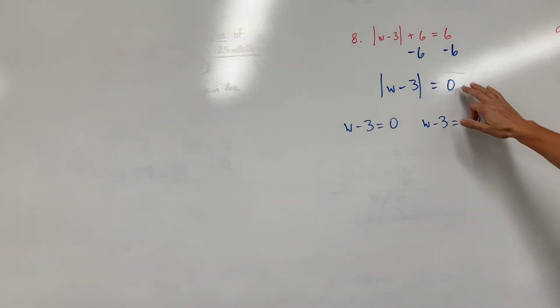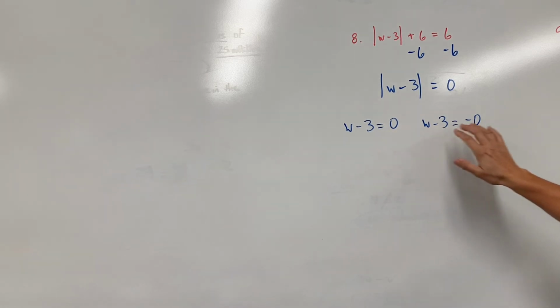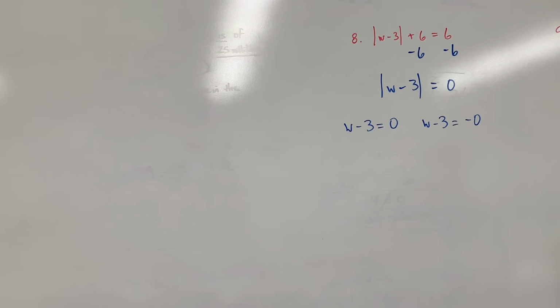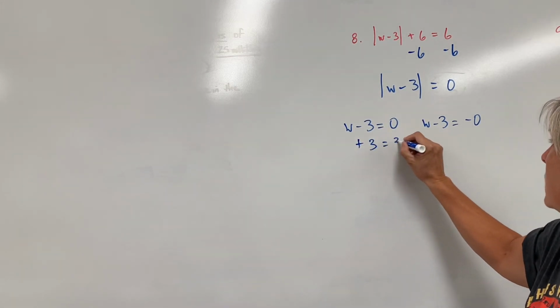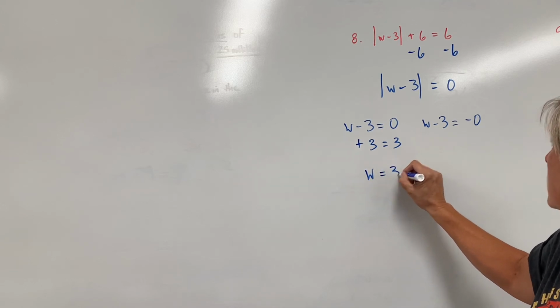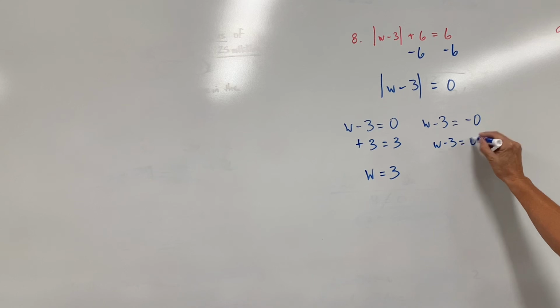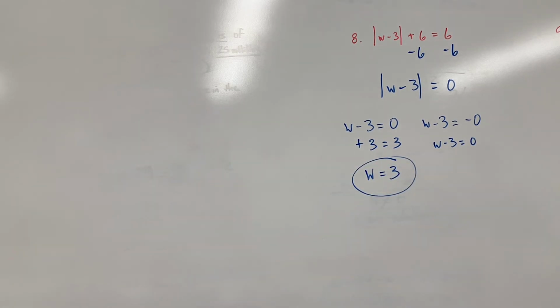Had this been a number like 4, then this would have been w minus 3 equals 4, and w minus 3 equals -4. That would have been 2 different equations, and you would have gotten 2 different answers. But for this problem, I get w equals 3. This would be the same thing because -0 is also 0. So I only get one solution, and the answer is w equals 3.